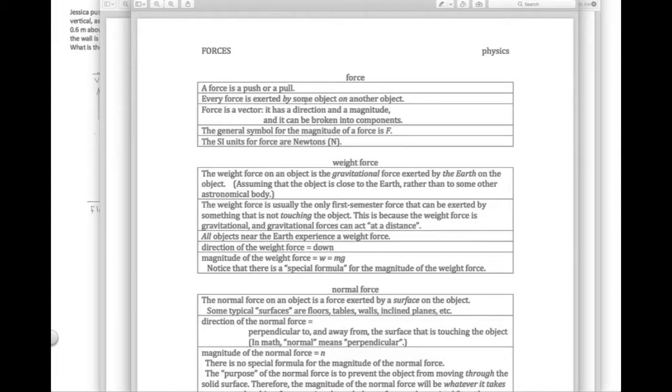Now, let's remind ourselves of this idea from the forces handout. Every force is exerted by some object on another object.